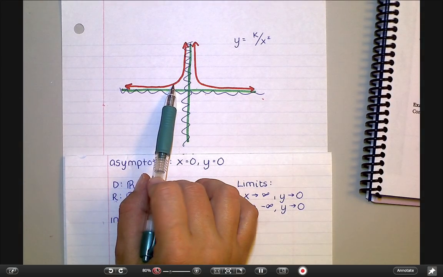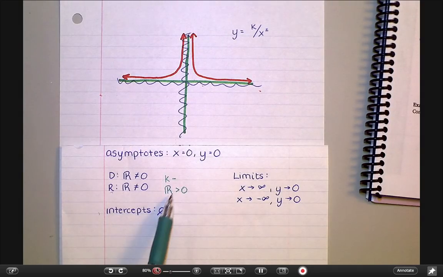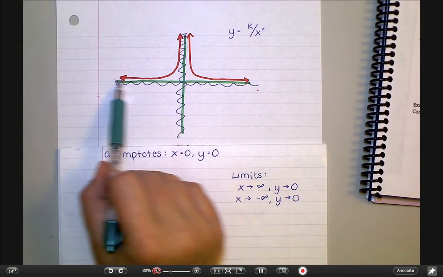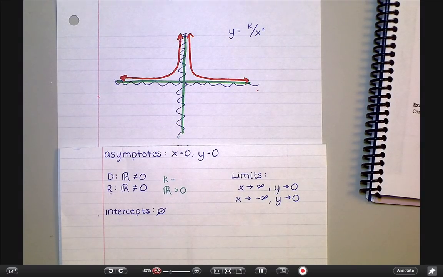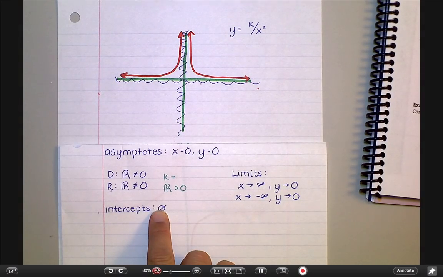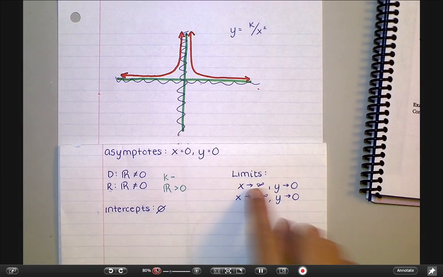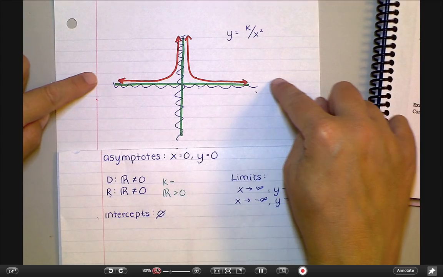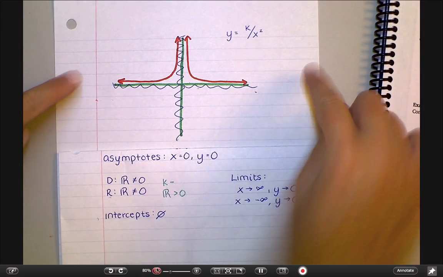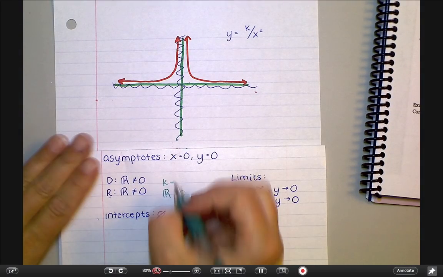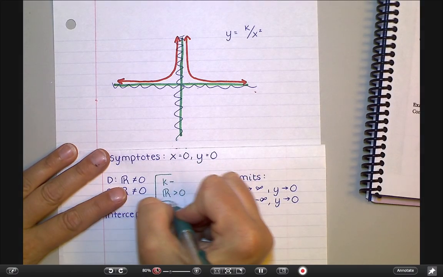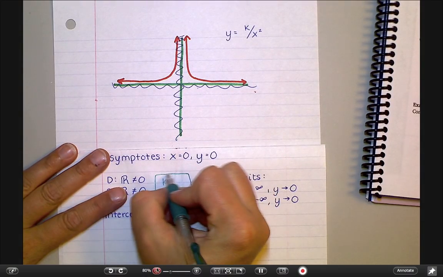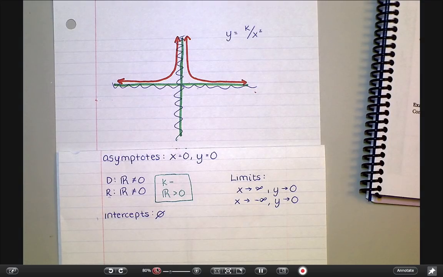So it's everything above 0. Notice I didn't do the equal sign because it's not actually touching 0. It's still true that we don't have any intercepts, and our limits are still the same because as I work out towards infinity, both of these things are still just getting closer and closer to 0. So as far as differences in your properties, this is the only thing that changes when you have the k over x squared.